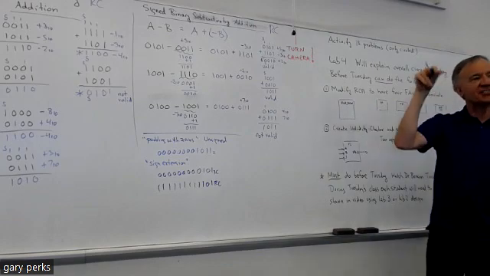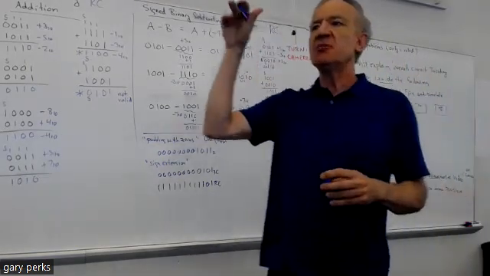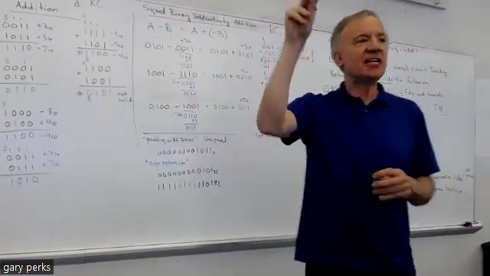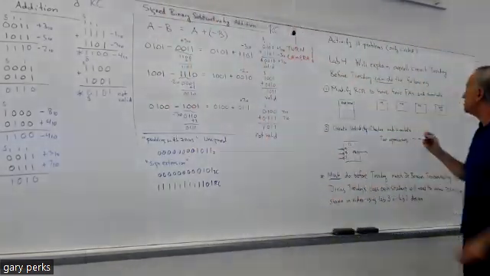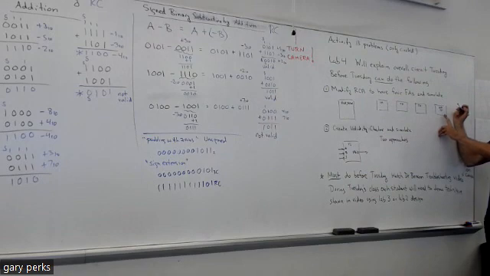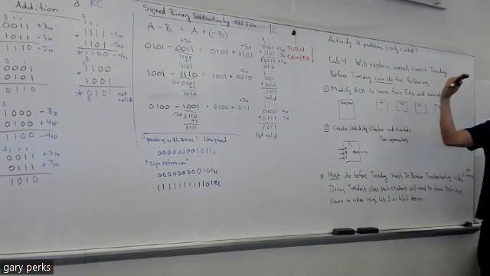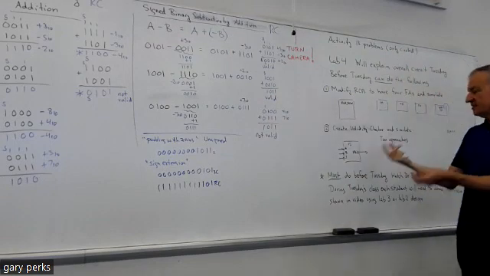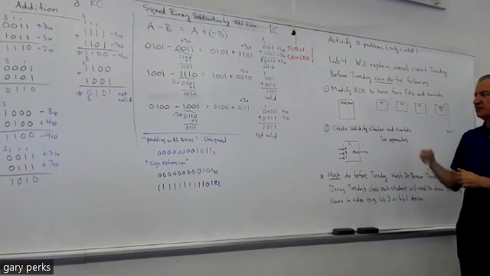Remember how the half adder just has 2 inputs, A and B, but your full adder has A, B, and carry in. So when you change this half adder to a full adder, you're going to have this carry in, and you want to connect this carry in to an input for the RCA that you're going to call carry in, right?